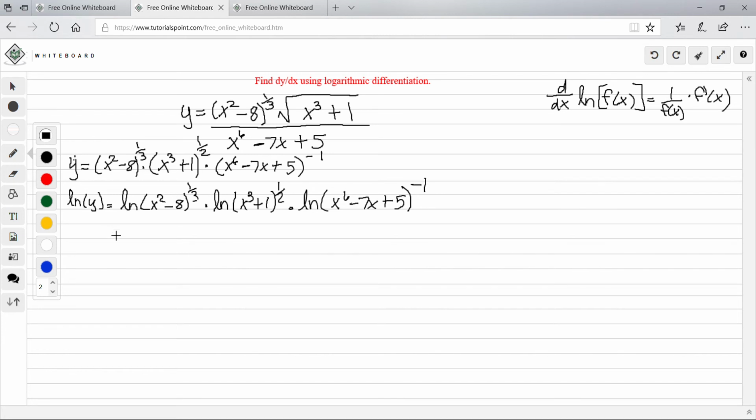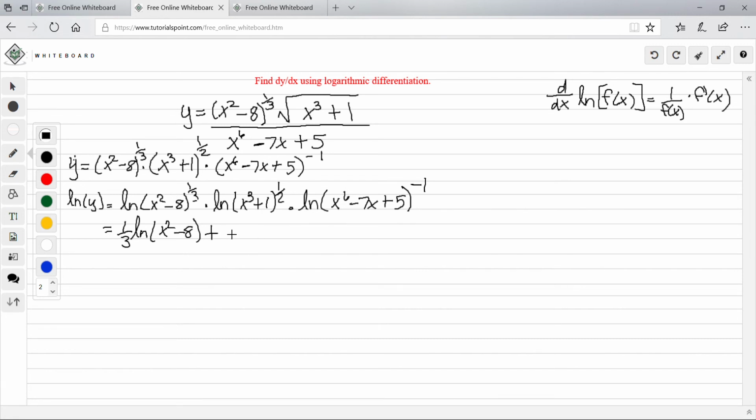Okay, now we can simplify it even more. Remember the log rules: whenever you have an exponent, you put it in front of the ln, so this should be 1/3 ln. And when we're really multiplying, we're really adding, because that's part of the rule of the log.